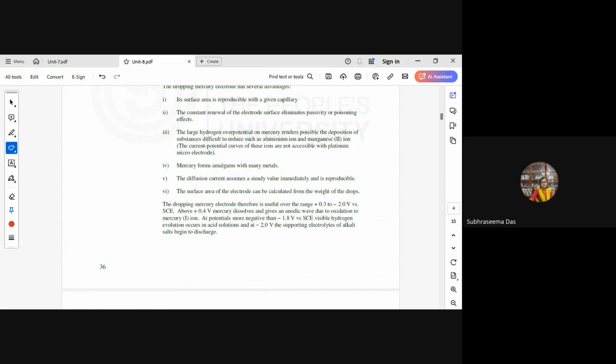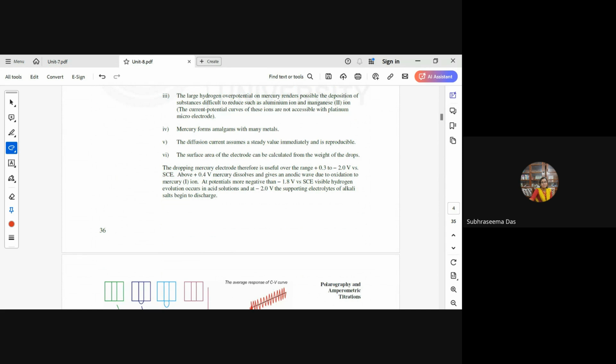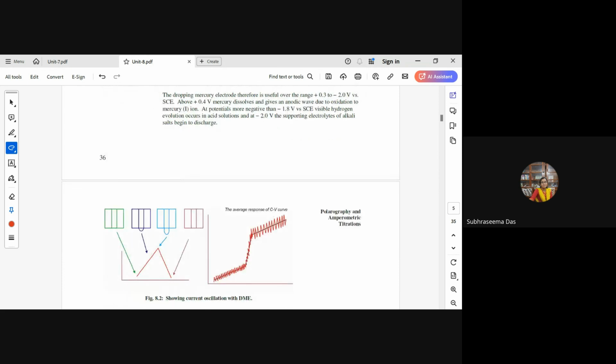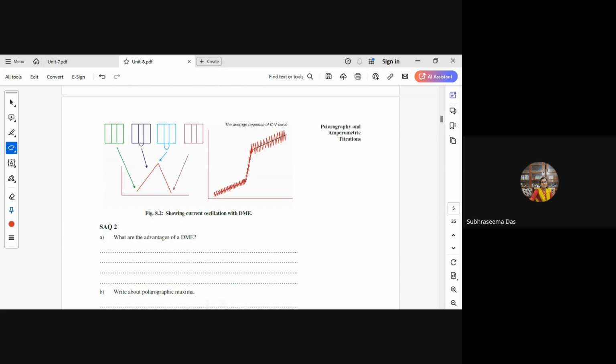The diffusion current assumes a steady value and is reproducible in nature. The surface area of the electrode can be calculated from the weight of the various drops. The dropping mercury electrode has been very useful in the range of 0.3 to -2 volt versus SCE. Figure 8.2 shows a current oscillation with DME.